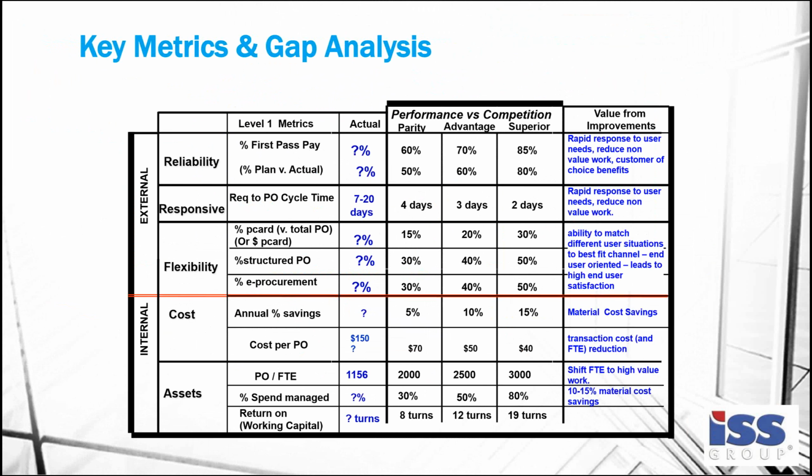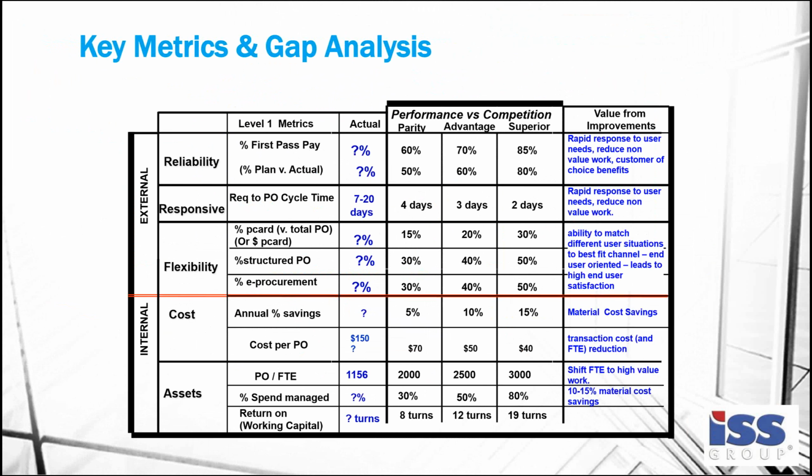These are all reliability areas: responsiveness, request to PO cycle time, cost, flexibility, and then asset management. So you can see the benchmarks, performance versus competition, where parity says you're kind of in the average. Advantage meaning you're a little bit above, and superior means you're in the best in class.